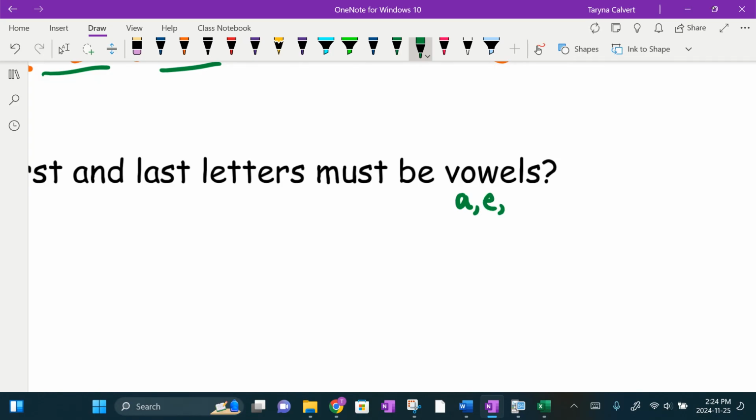Next one. Next one. Perfect. Sometimes Y, but we do not use Y as a vowel unless it tells you Y is being included as a vowel. I don't think I've ever seen them include it, but I don't want to say never. You assume never unless they tell you in the problem that it's being included. But those are always the vowels.